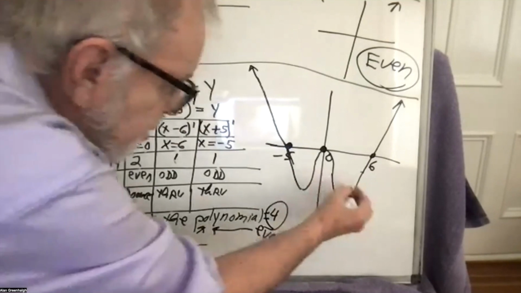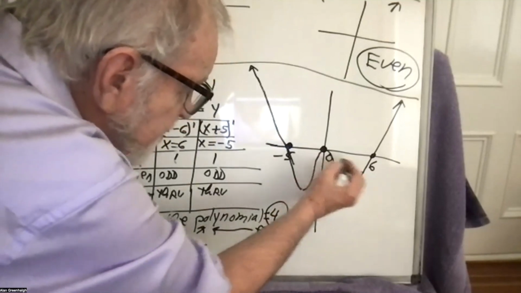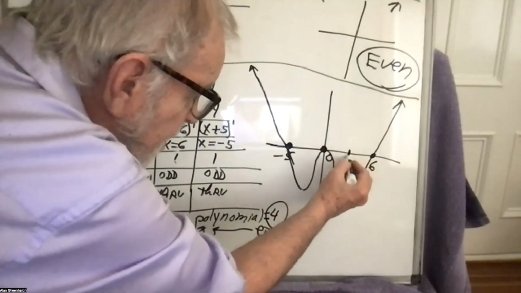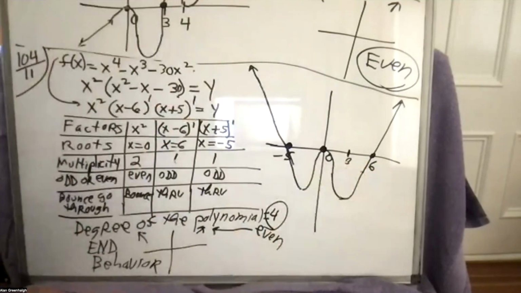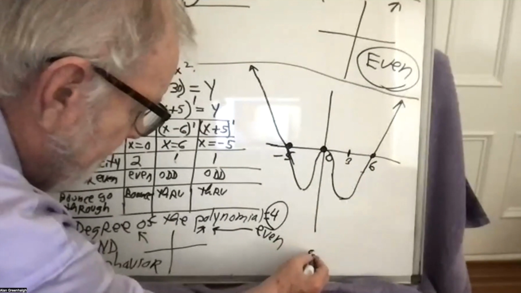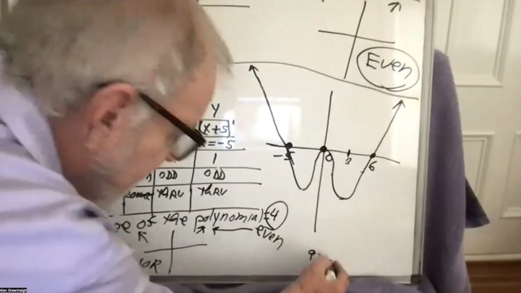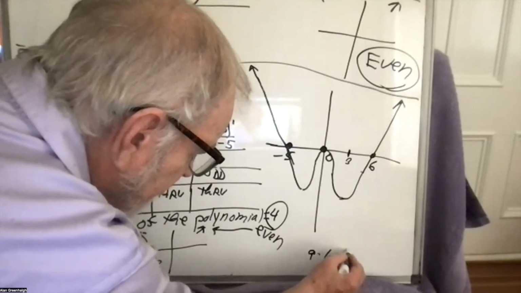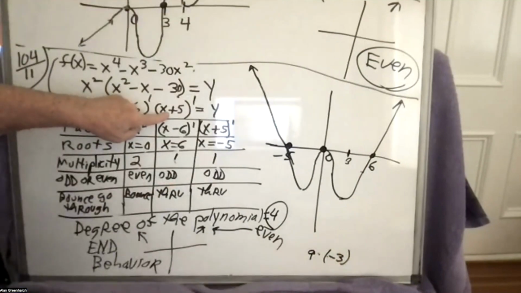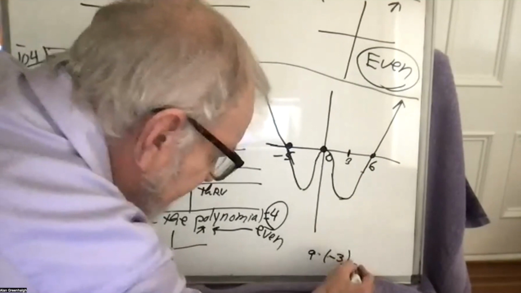So let's take this one, for example. So from 0 to 6, pick a number in the middle. Let's say 3. 3 squared is 9. 3 minus 6 is -3. 3 plus 5 is 8.